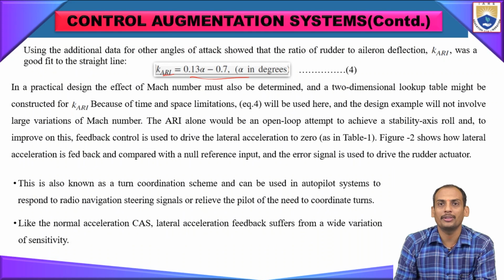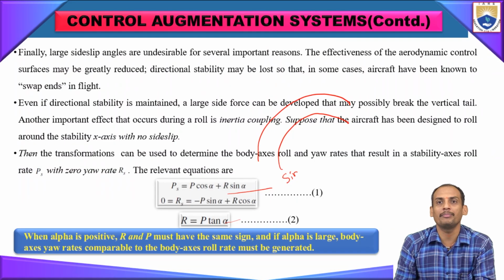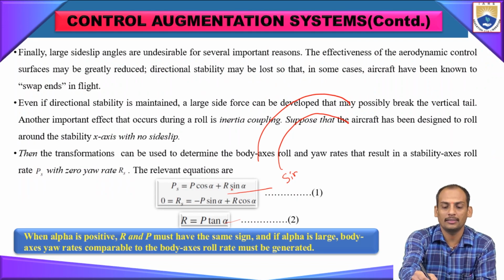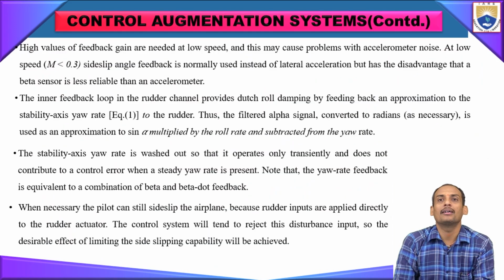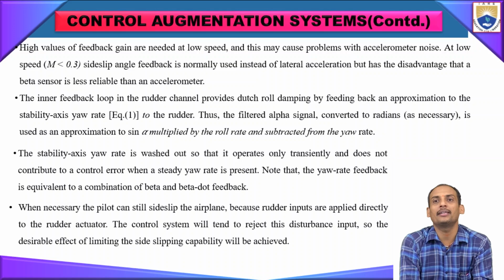In equation 1, Ps equals P cos alpha plus R sin alpha. The filtered alpha angle, converted into radians, is used to approximate sin alpha, which is multiplied by the roll rate and subtracted from the yaw rate.